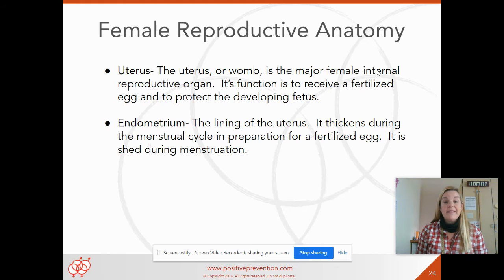The endometrium is the lining of the uterus. It's the part that I said was made up of blood and tissue. It gets very thick during the menstrual cycle in preparation for a fertilized egg. And if we didn't have a fertilized egg to support, we would shed it or break down the endometrium and it will be discharged from the body during menstruation or when a female has her period.